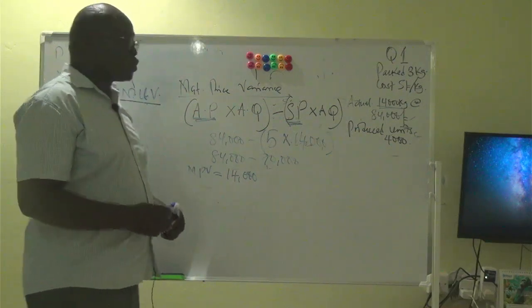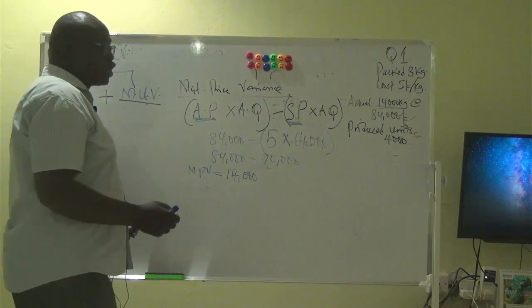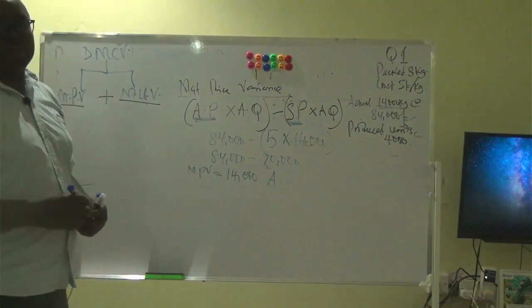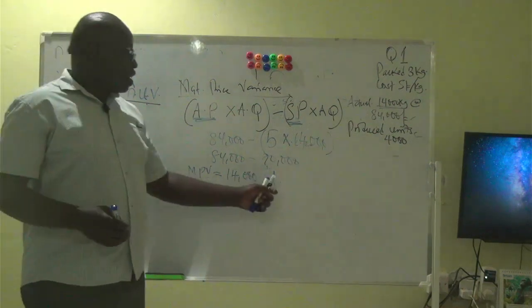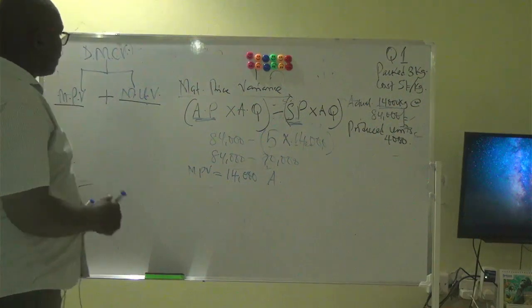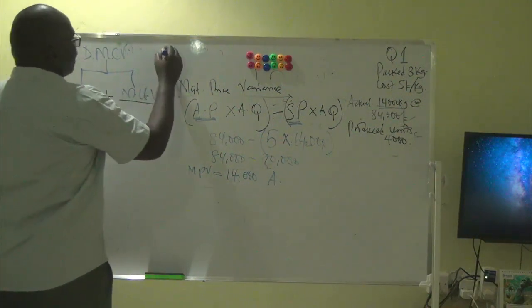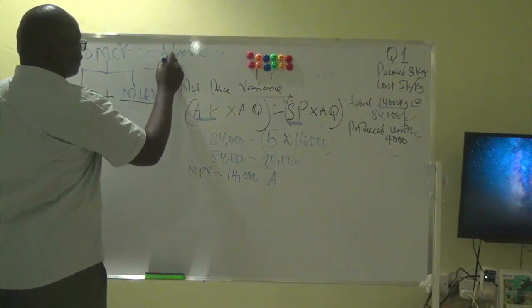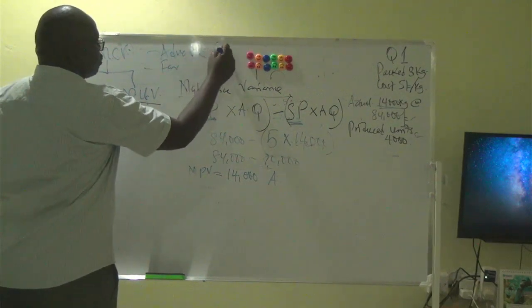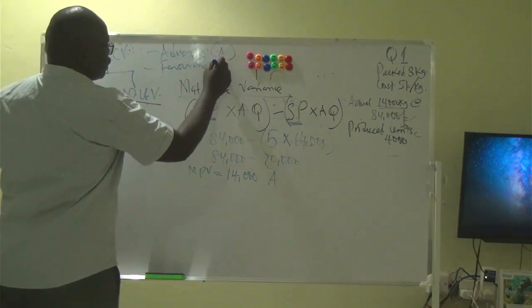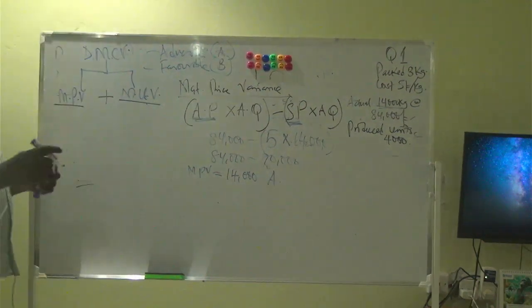Whenever you spend more than your plan, we denote it with the letter A, that stands for adverse.